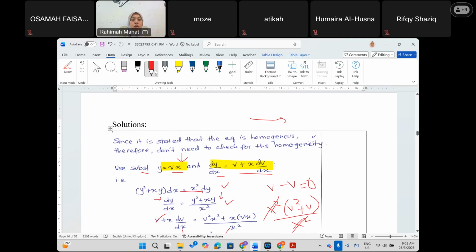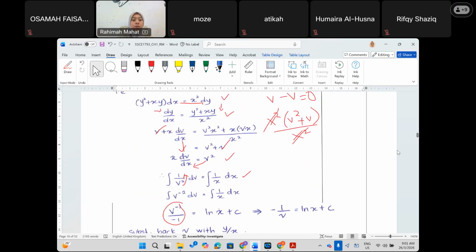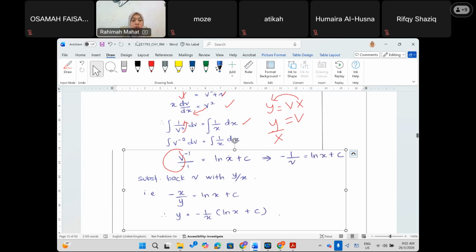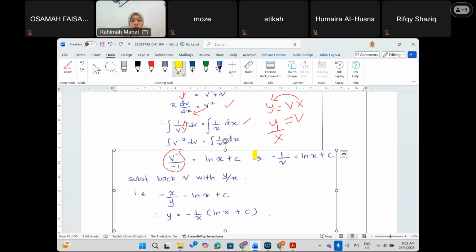So we want to substitute your v: you move this one to the other side, so you get y over x. You substitute your v with y over x, because we don't want any v anymore. So you substitute into this part.